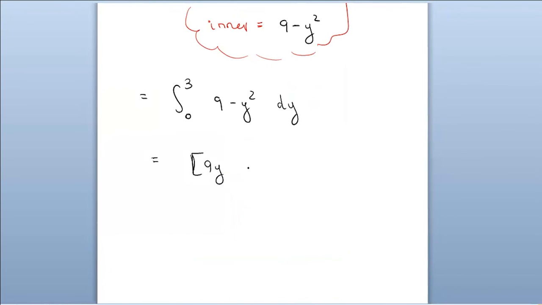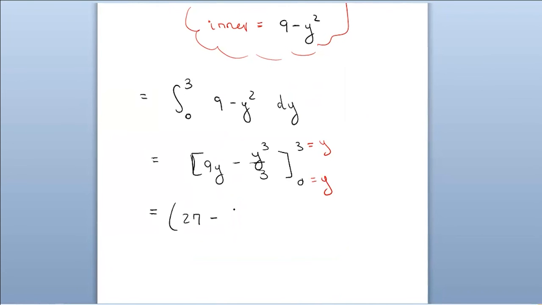I get 9y minus y cubed over 3 from 0 to 3. And then of course, these are y values because I'm integrating with respect to y, but y is the only variable left. So I think that's kind of obvious. When I fill in y equal to 3, I get 9 times 3 is 27.